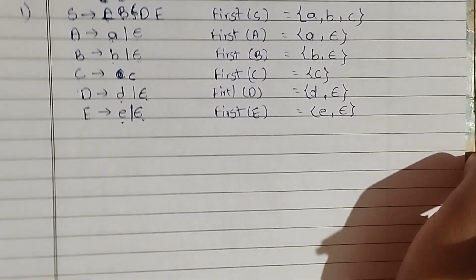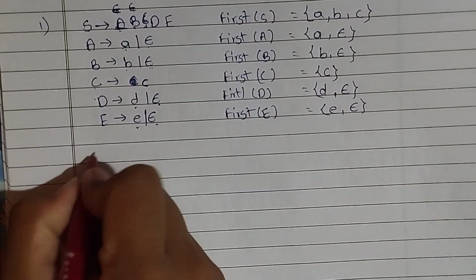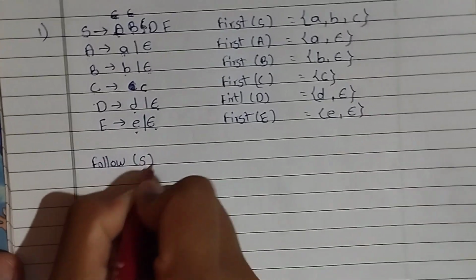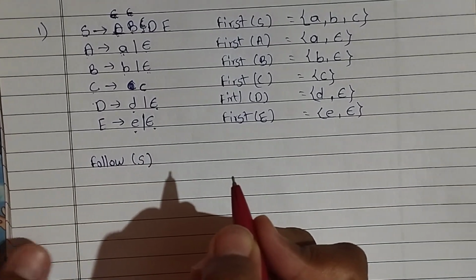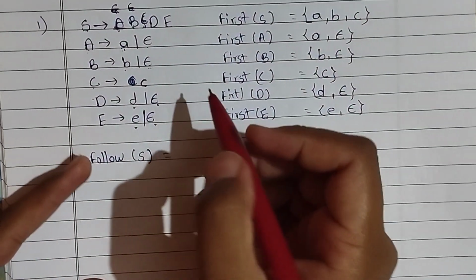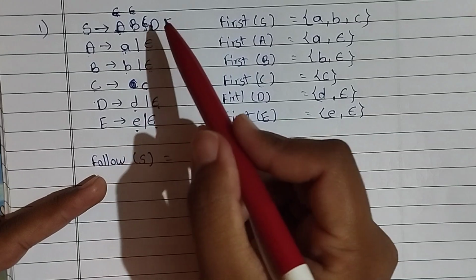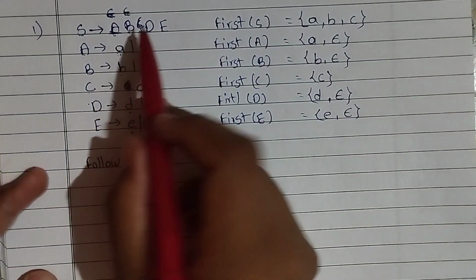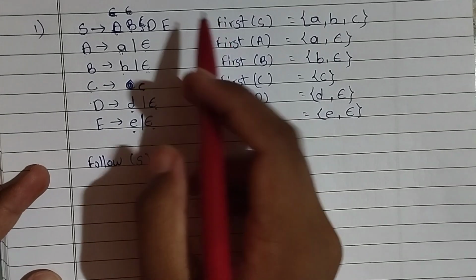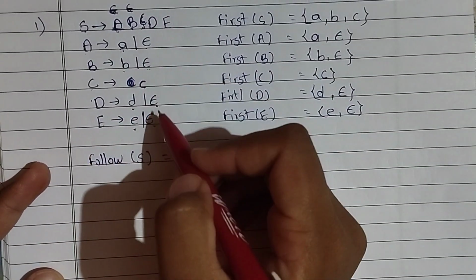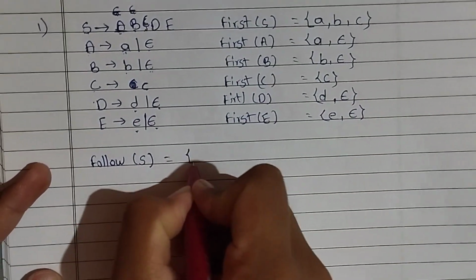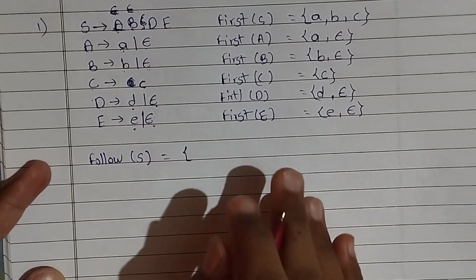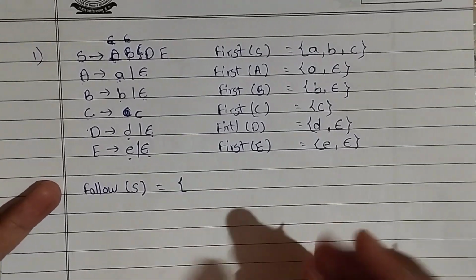Now we find out the follow. So follow of S. First see where S is followed by something at the right side. See where S is present. Here S is not present, so it's okay. There are 4 rules, I hope you all know about this.